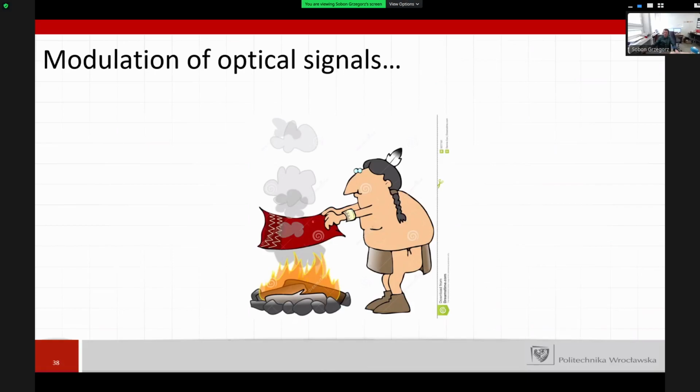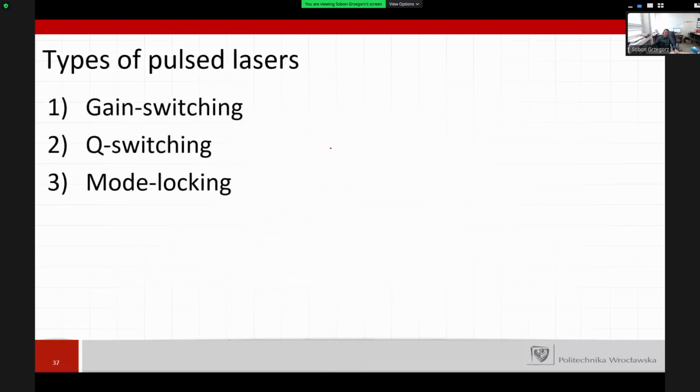As you can see, this guy is modulating the optical signal to communicate with his colleagues, who are located somewhere else. And in lasers, it looks pretty much the same.